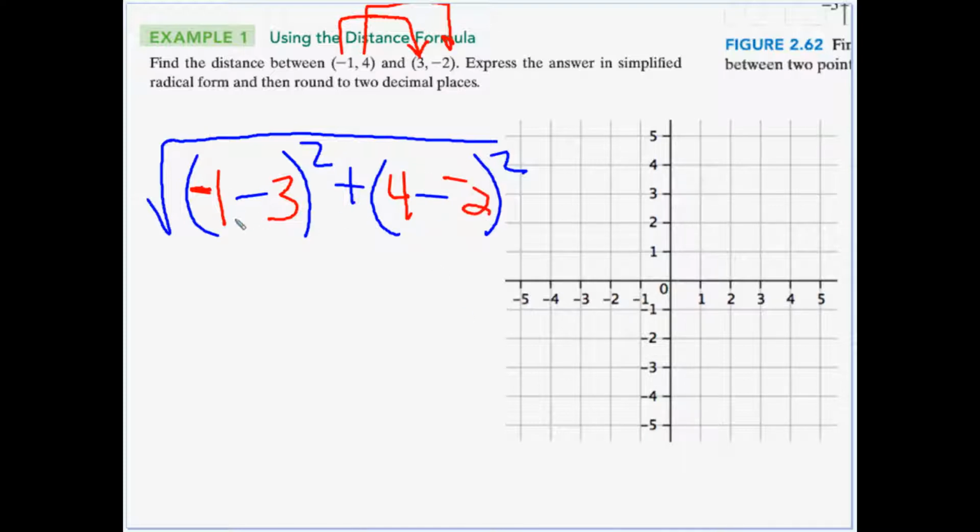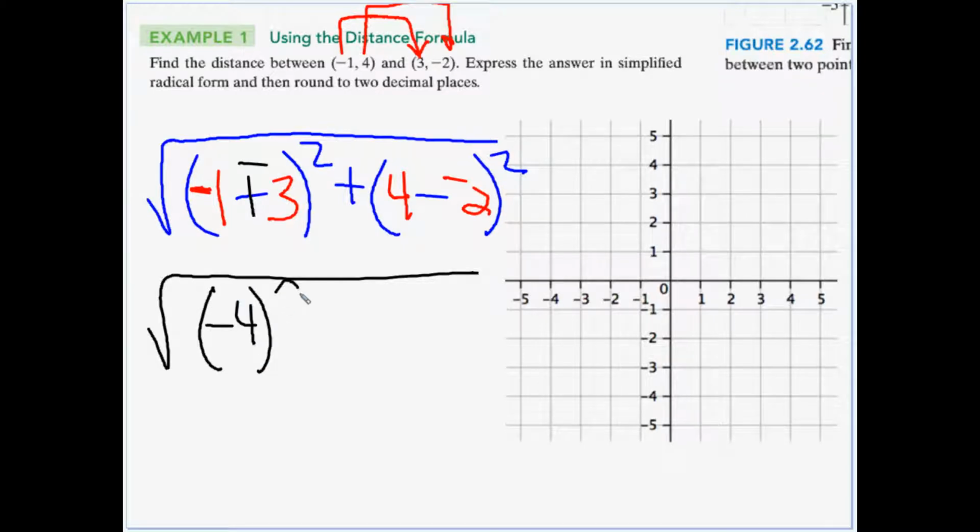If you reverse one or both of those, you're still going to get the right answer, because we're going to subtract and then we're going to square. The square will make sure everything's positive. So let's see here. -1 minus 3 more is -4, and that's going to be squared. And then here, 4 minus a -2, we add the opposite, so that becomes a 6 squared.